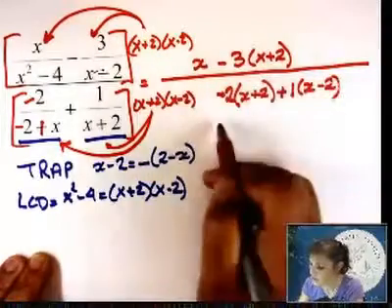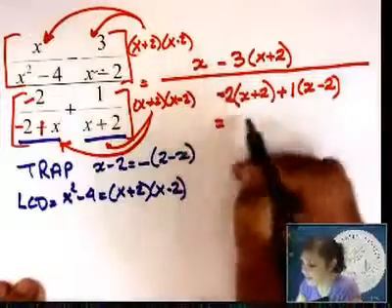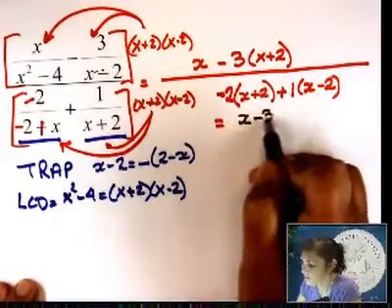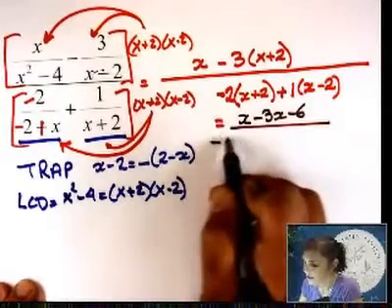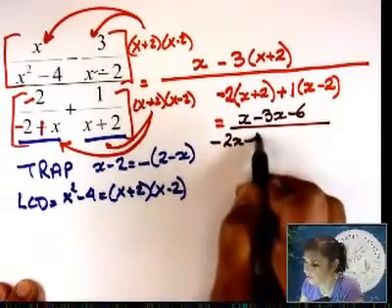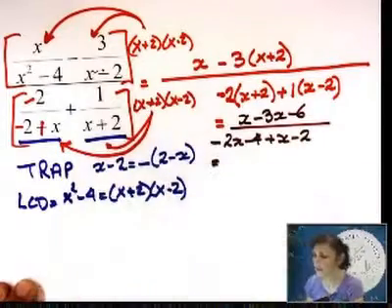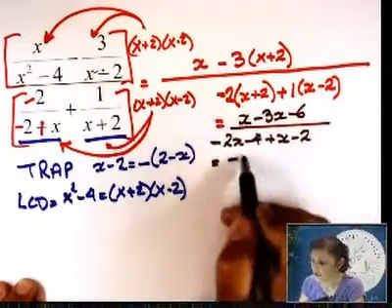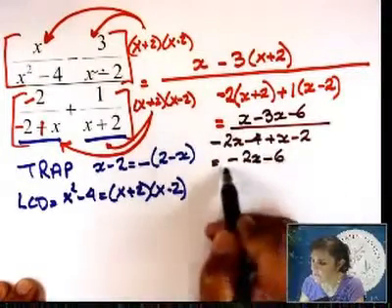Now all I have to do is just clean all this up. What do I have? I have an x, negative 3x minus 6 on top. At the bottom I have a negative 2x, negative 4 plus x minus 2. Clean it up. You're going to end up with a negative 2x, negative 6 on top.